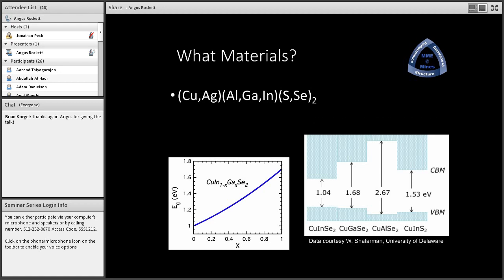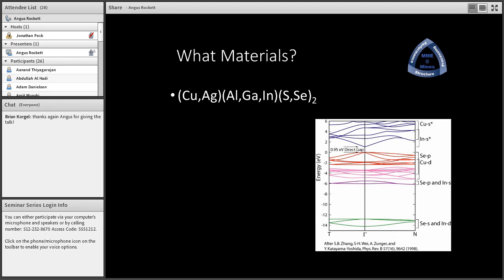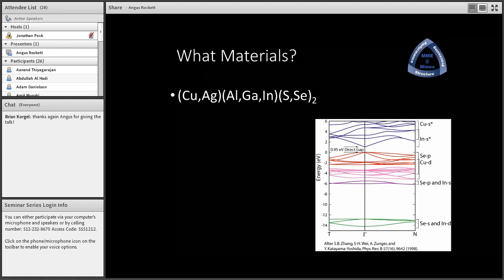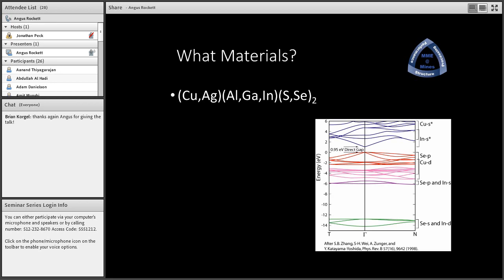Unfortunately, indium and selenium are not terribly common, so people have looked at other materials. This is, by the way, the energy band diagram of the materials. So this shows that it's a direct gap material without a lot of other minima in the conduction band near the valence band maximum.